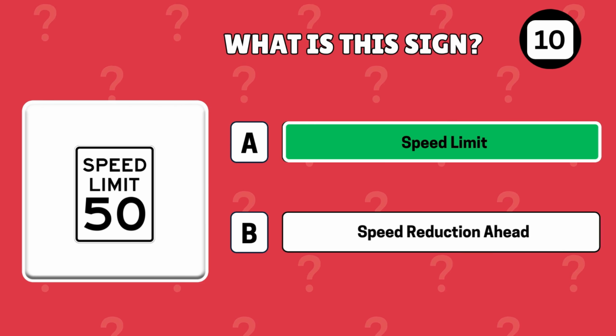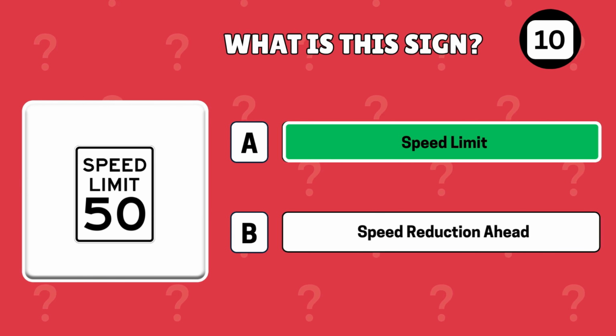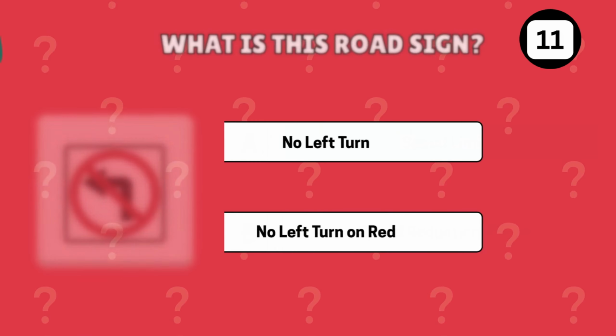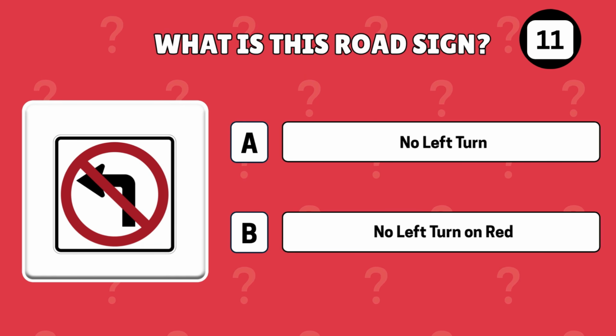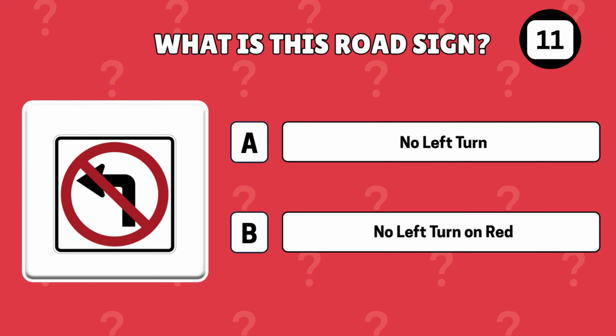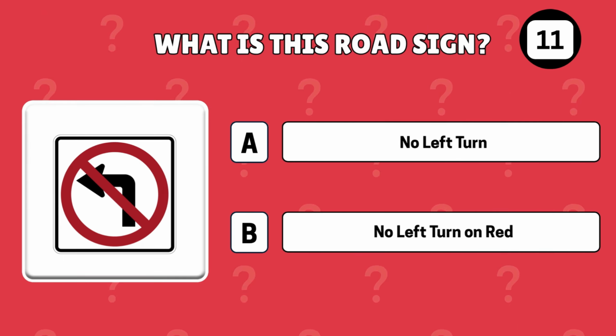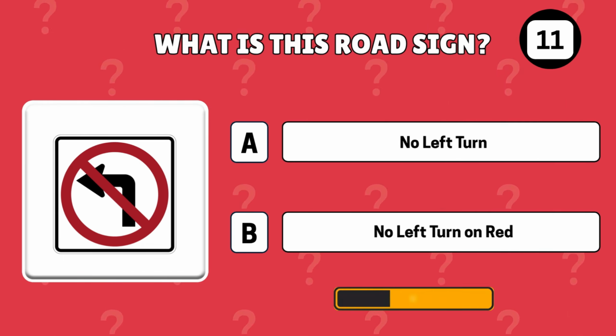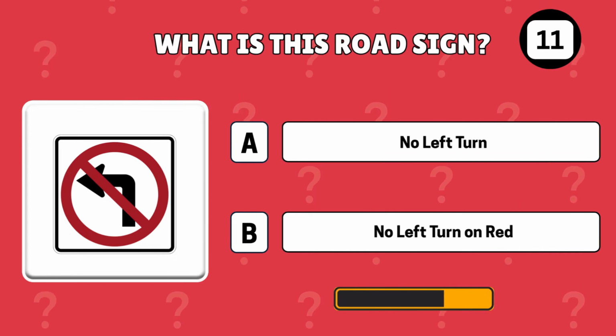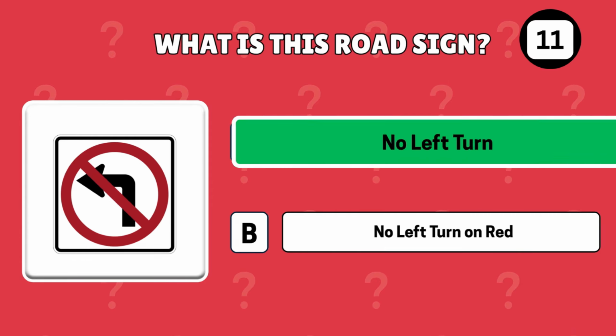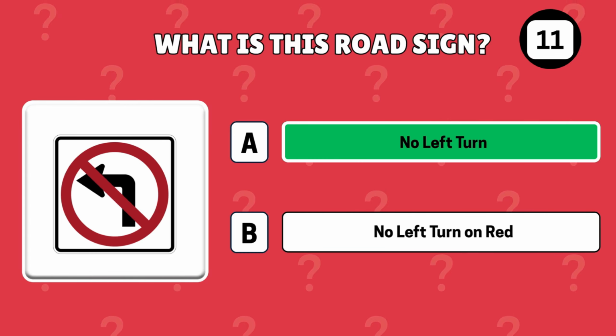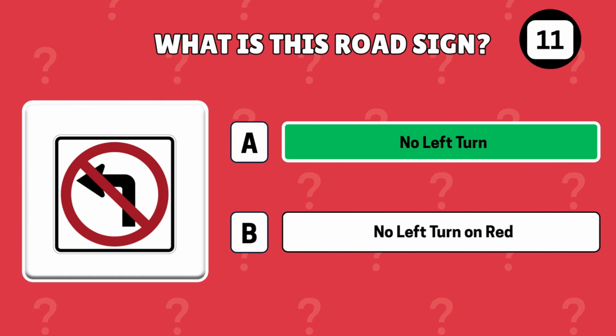Nicely done. This is the speed limit sign. What is this road sign? A. No left turn. B. No left turn on red. Good observation. This is the no left turn sign.